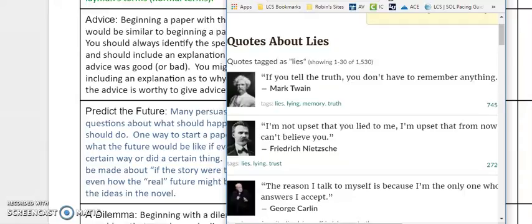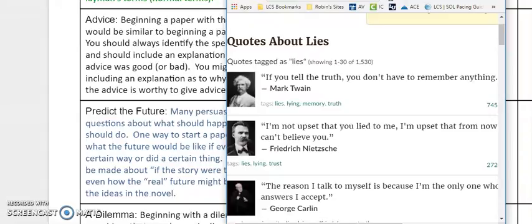Mark Twain said, if you tell the truth, you don't have to remember anything. So I thought it'd be really neat to start out this paper with this advice from the author of this book, talking about how that's his recommendation, but maybe then how ironic it is that he has his main character always lying in the book. Okay, so I could actually use that as an advice writing hook, or maybe even a quotation writing hook.